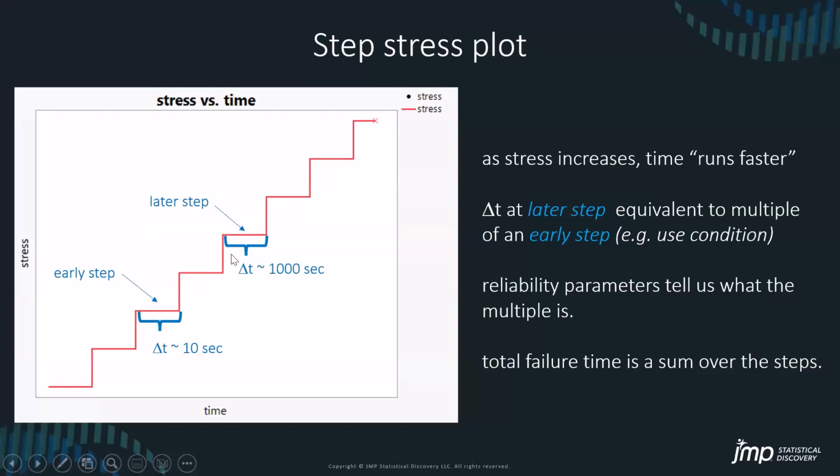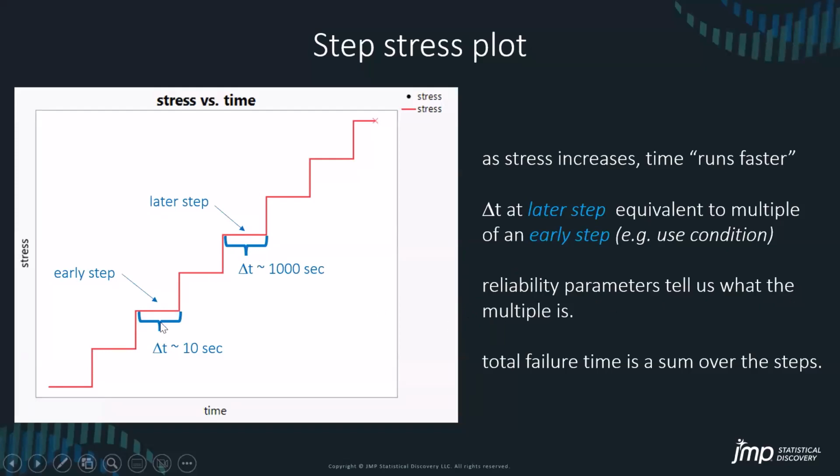So basically, what I have to do is some sort of transformation or translation between higher stress and lower stress. So if I want to get the equivalent time of each of these steps compared to the use condition, I have to do this translation. And I do that using the reliability parameters. The reliability parameters tell us what that multiple has to be.